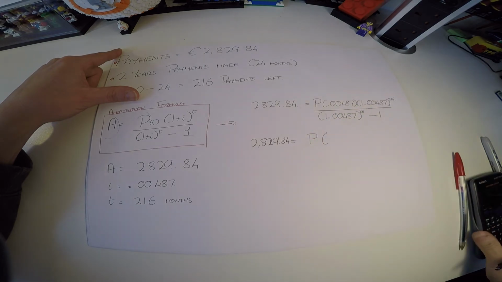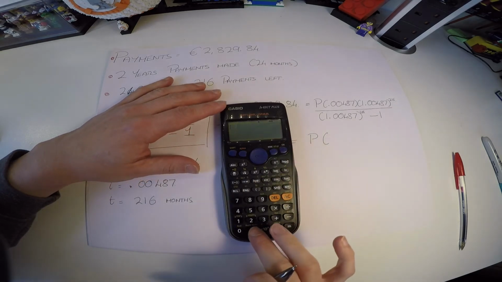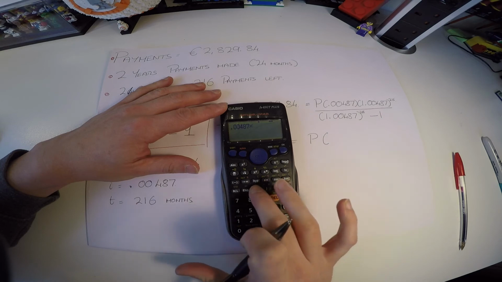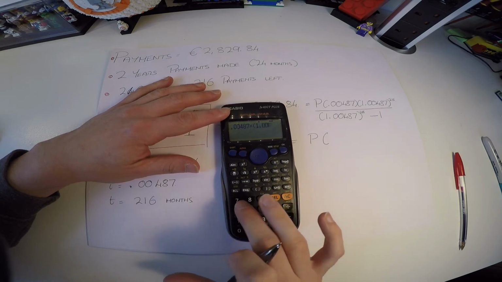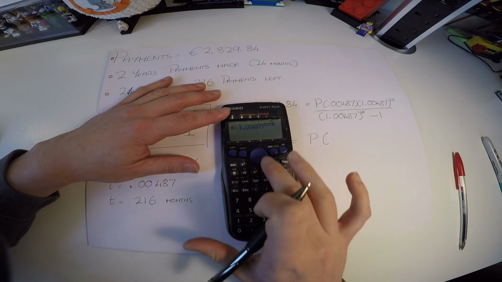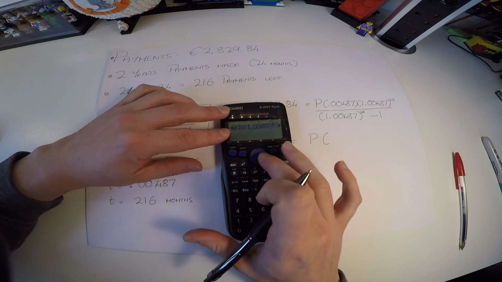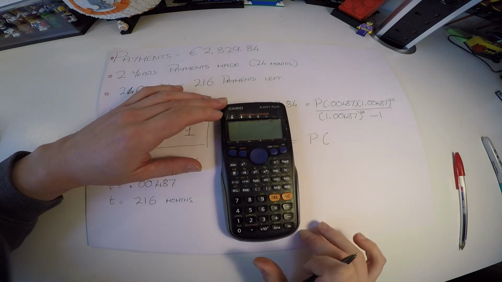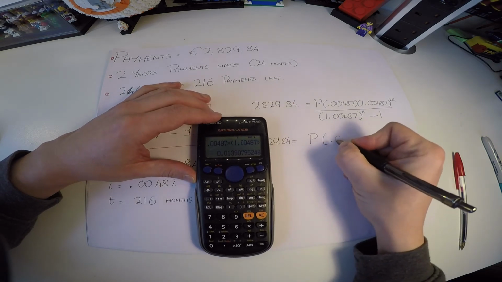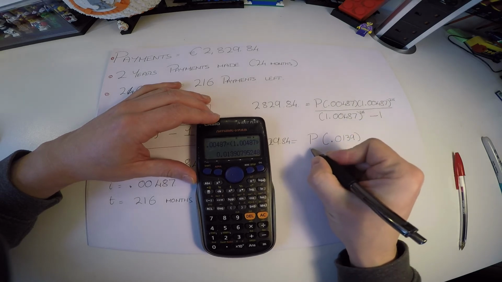So the number on top is going to be 0.00487 multiplied by 1.00487, and this time to the power of 216. I always forget a 0 in here, so just be super careful. When we do that, we get this number on top of 0.0139, and that's going to be over.